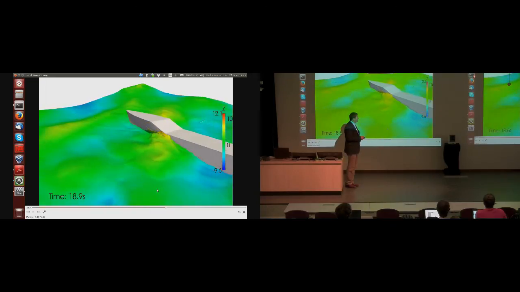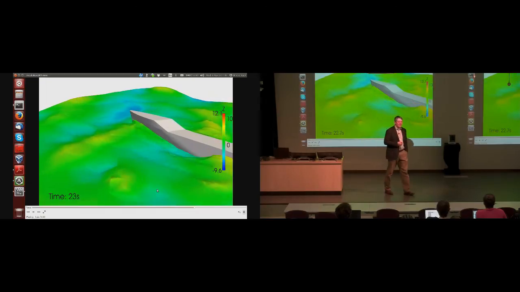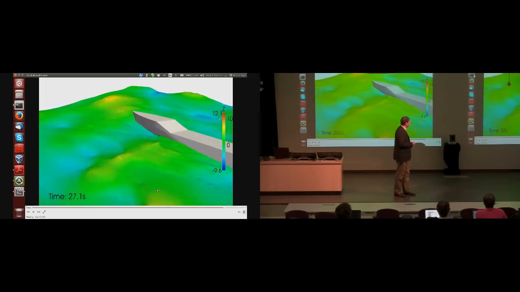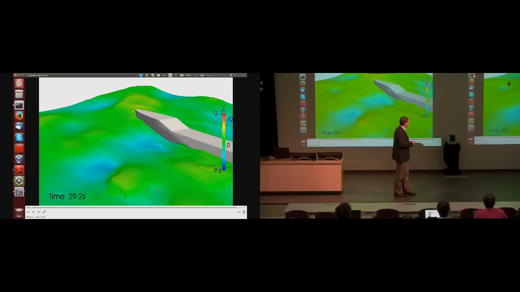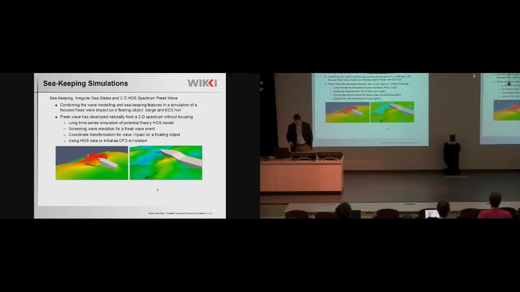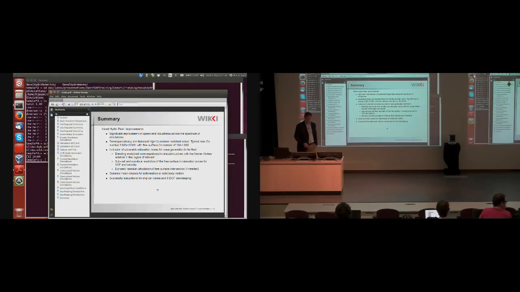Okay, so the fancy things here is first a generation of an irregular sea state based on a non-uniform spectrum, and then coupling the CFD simulation to that wave that has been generated using potential flow tools in order to capture what's happening with it. Okay, so much for the moment.